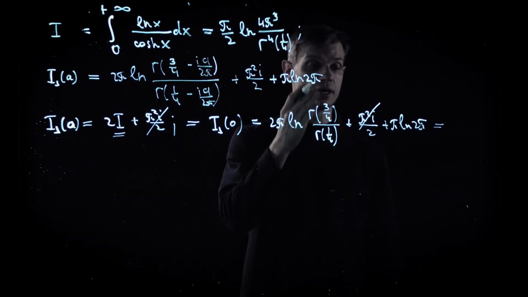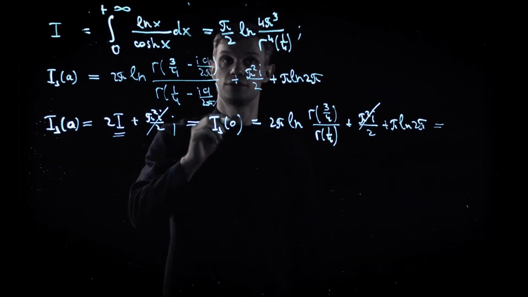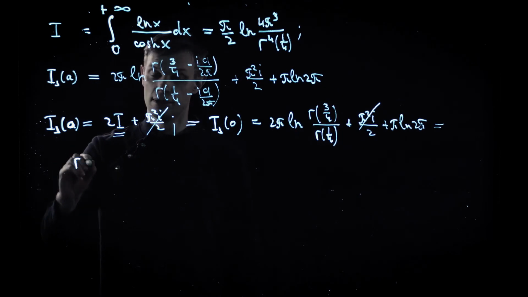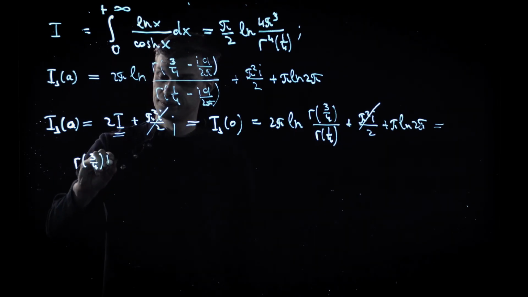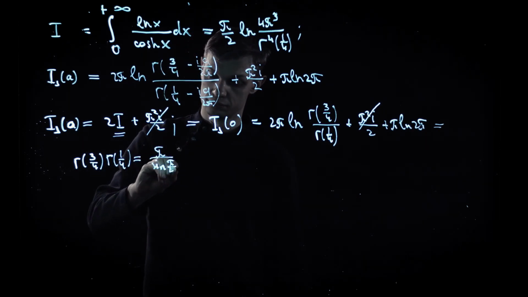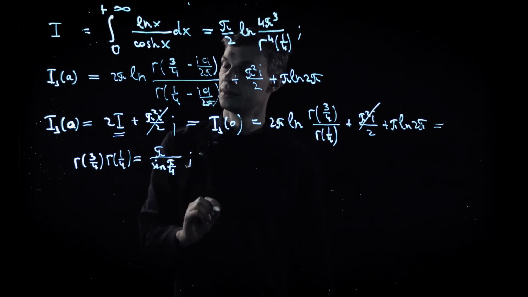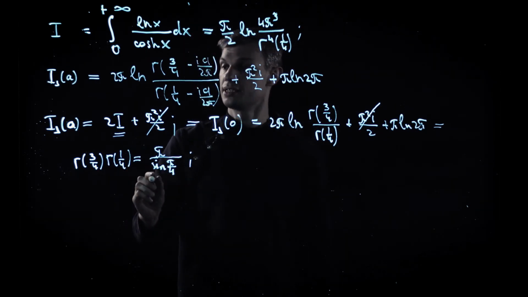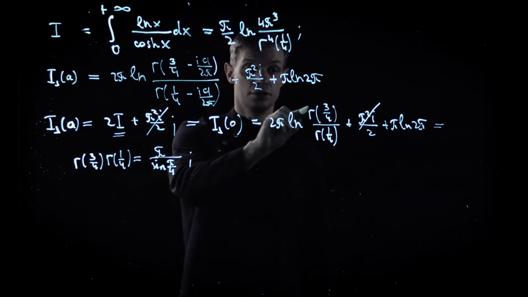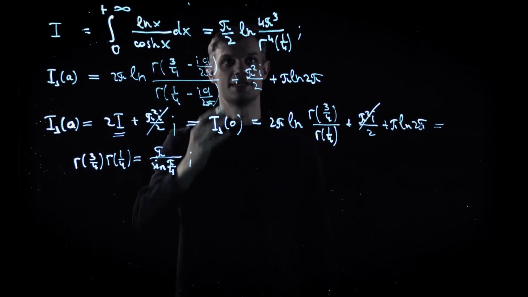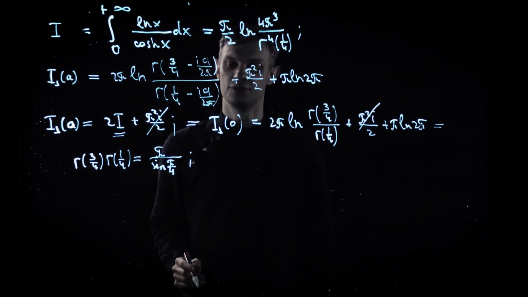One last step: to get the answer, you just use the mirror formula for the Euler gamma function. Once you collect all these pieces and plug them into your original expression, into the log, you recover this quite astounding expression for the original integral.